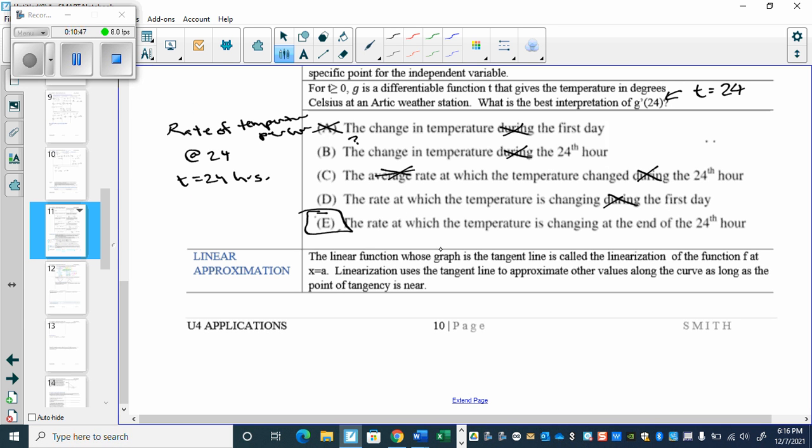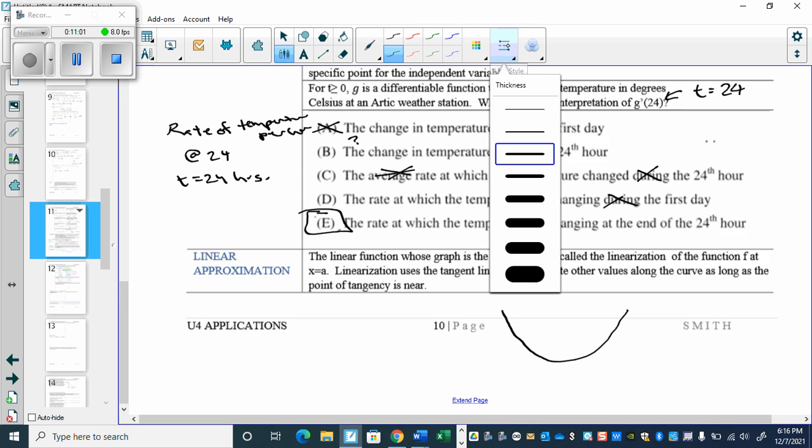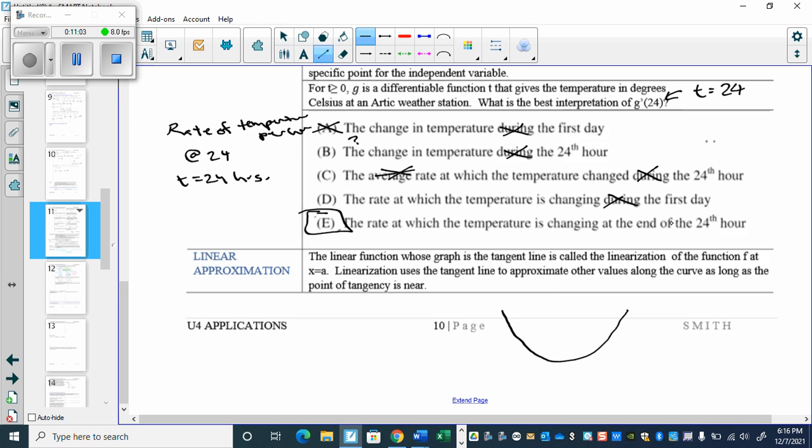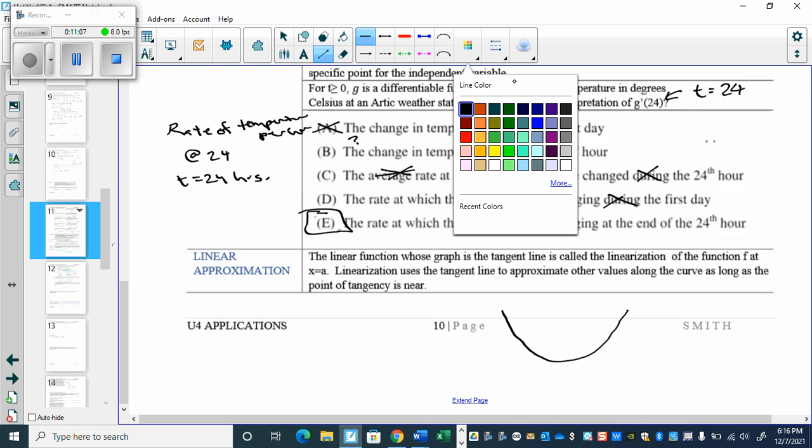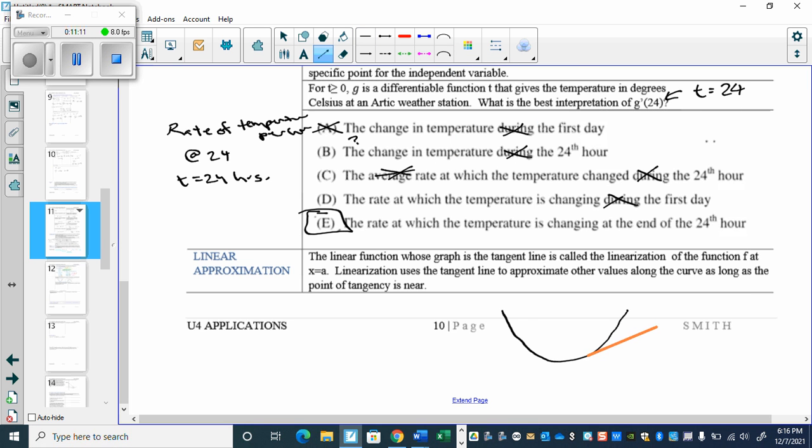Now we're going to look at linear approximation. This is basically where you're looking at a curve. So if I have this curve, let's say that this is a tangent line coming off this curve.